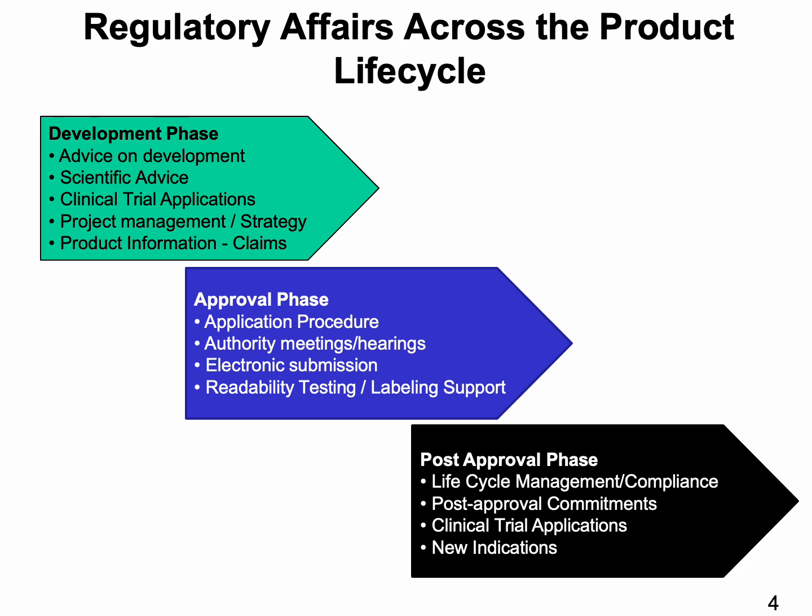For example, we have end of phase 1 meetings with regulatory authorities. We can have end of phase 2 meetings. We can have pre-submission meetings, meaning pre-eCTD submission meetings with FDA and with Health Canada as well. So these are all authority meetings and hearings that we see here.